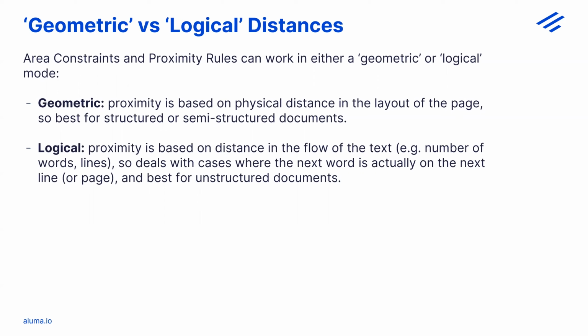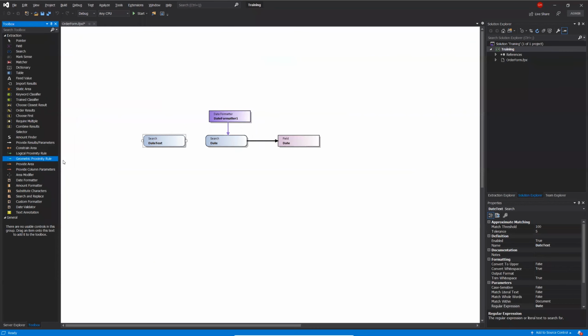So many other packages don't have this kind of concept, and it makes those fully unstructured documents very difficult to deal with, because you can't deal with things split across lines or pages in any reasonable way. So again, I'll focus mainly on geometric certainly for this type of document, but it's very important to understand that both those concepts exist.